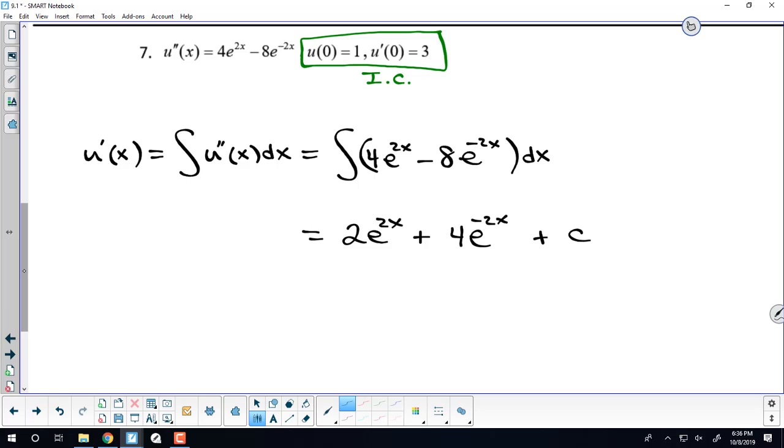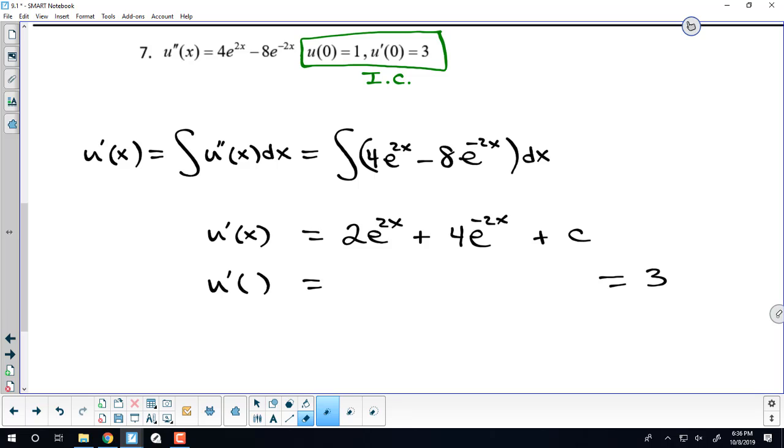So this is our first derivative, u prime of x. And then we're going to use the initial condition, u prime of 0 equals 3, to figure out that c.